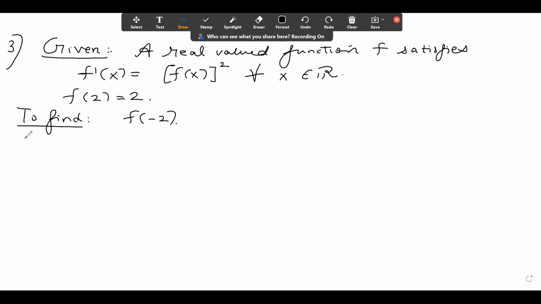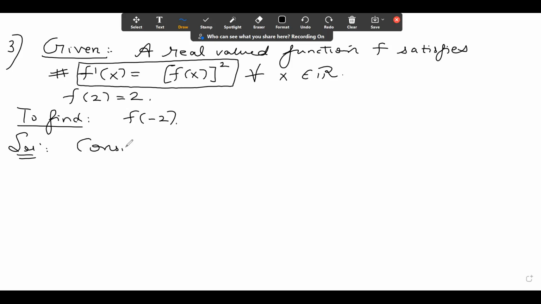Okay, so first of all, guys, we need to think of a function which satisfies this property. f dash x should be equal to f of x whole square. Now, what possible function can you think of whose square gives you f dash x? If you give it a thought, suppose I take a reciprocal function, f of x is equal to 1 by x.